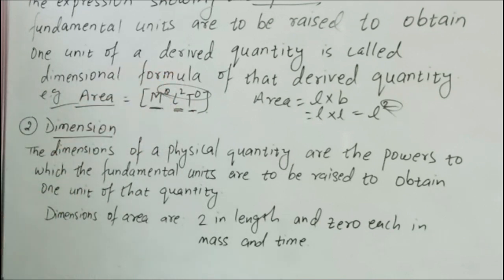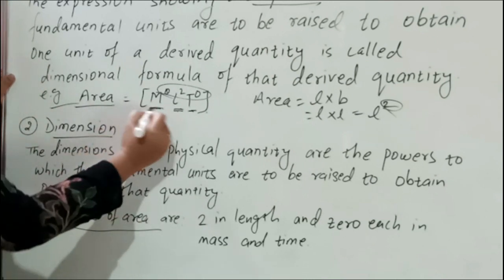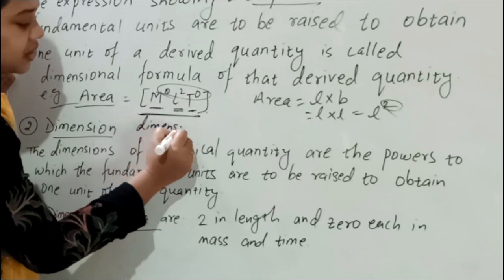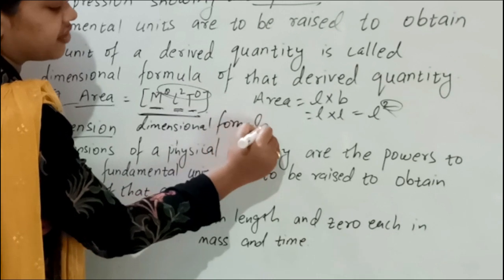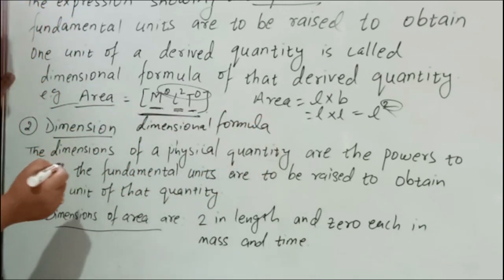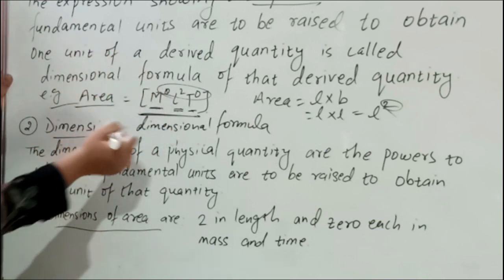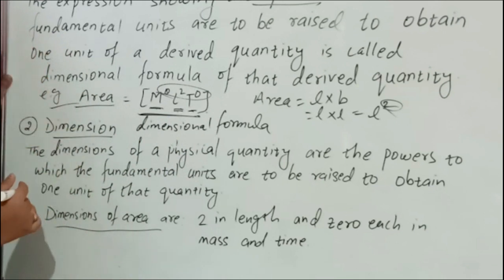The dimensional formula of area, under square brackets, is M to the power 0, L to the power 2, T to the power 0. But when you write dimensions, dimensions means powers.